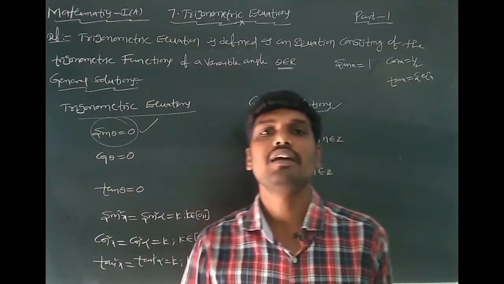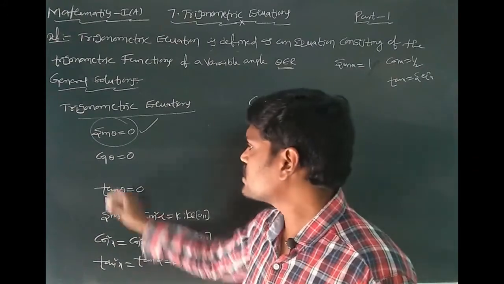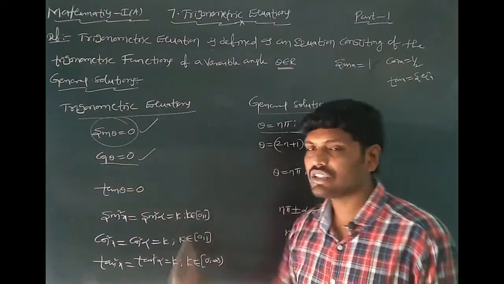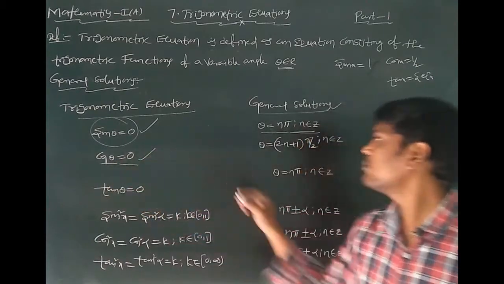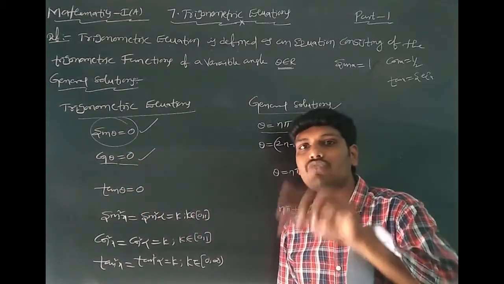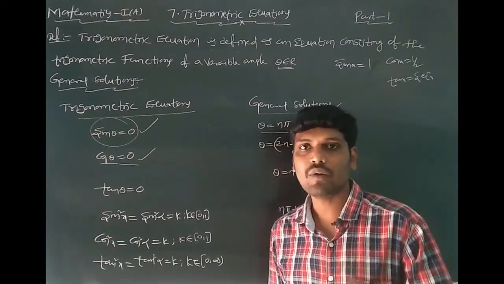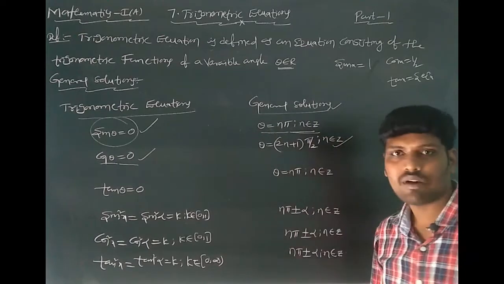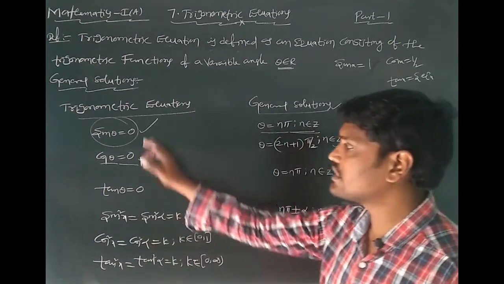Here n is always an integer. Next form is cos theta equal to 0. In this form, the general solution is theta equal to (2n plus 1) into pi by 2, where n is once again an integer. This is the second form.